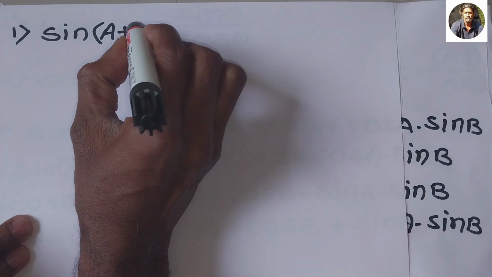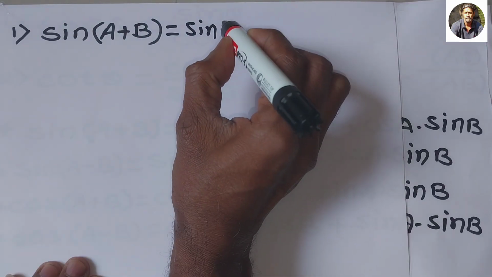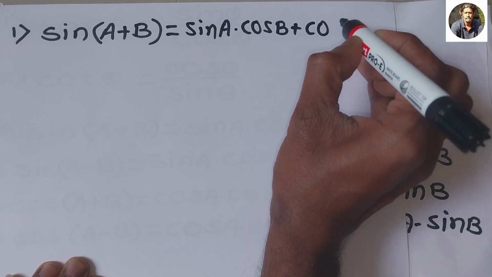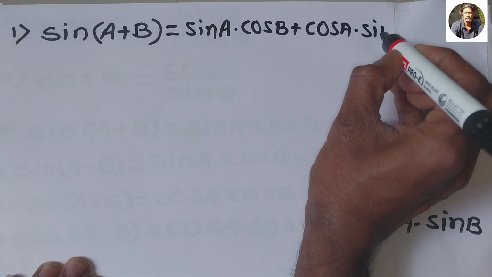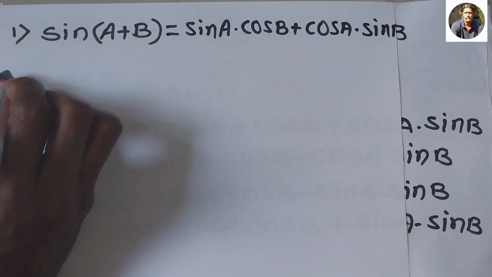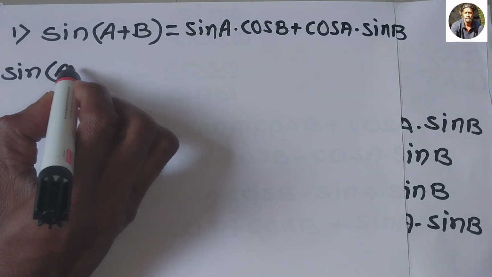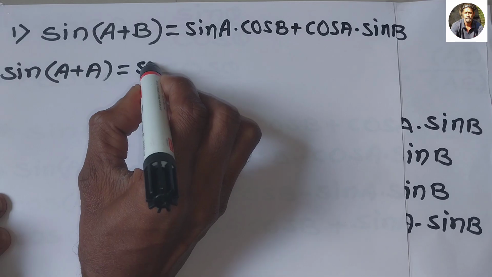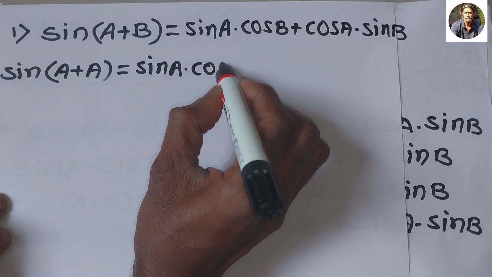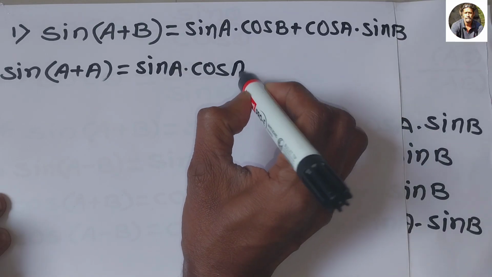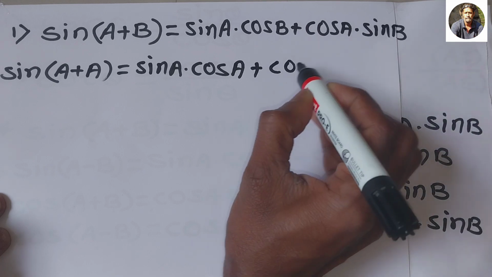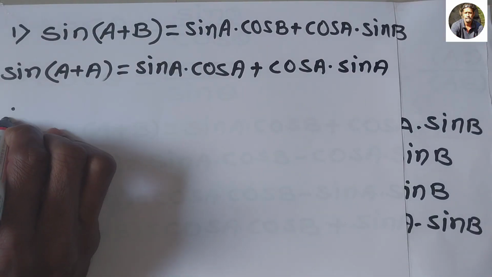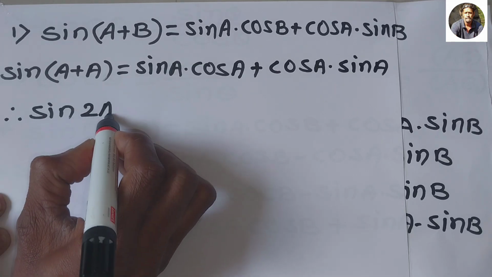sin(A plus B) is equal to sin A into cos B plus cos A into sin B. Okay, now here we put the value of B, that is A. Instead of B we write A: sin(A plus A) is equal to sin A into cos A, plus cos A into sin A. Therefore we get sin 2A.